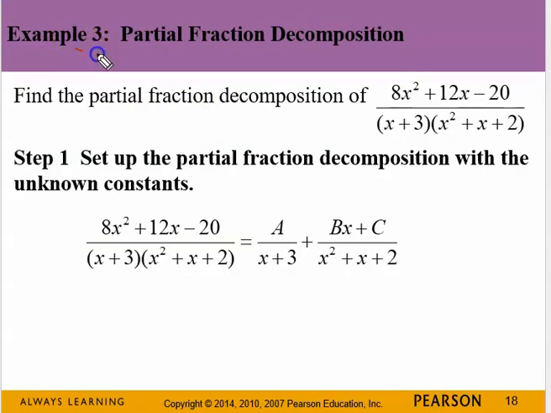So in step 1 of example 3, we're going to set up the partial fraction decomposition with the unknown constants. So there's our initial example, and we're going to say a over this, and then bx plus c over this.